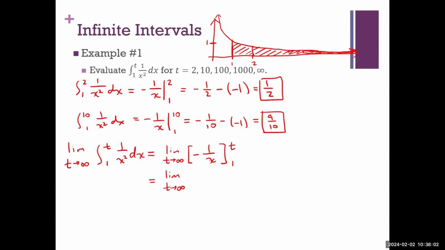I want to evaluate this new function at the upper bound, so -1 over t, and at the lower bound, -1 over 1, and subtract them.